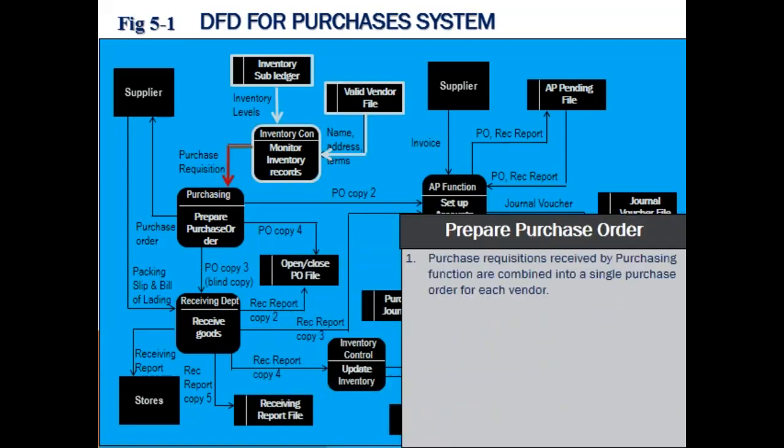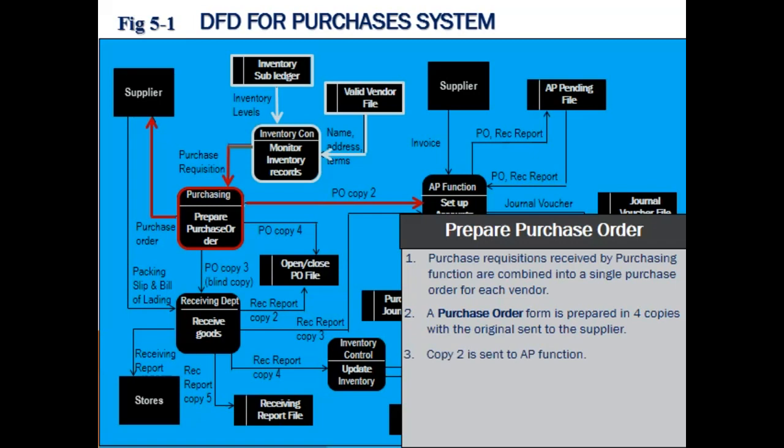The purchase requisitions received by the purchasing function are usually sorted by vendor. This facilitates the combining of requisitions from the same vendor into one single purchase order. A purchase order form is prepared in 4 copies, with the original sent to the supplier as a formal request for the order of inventories.